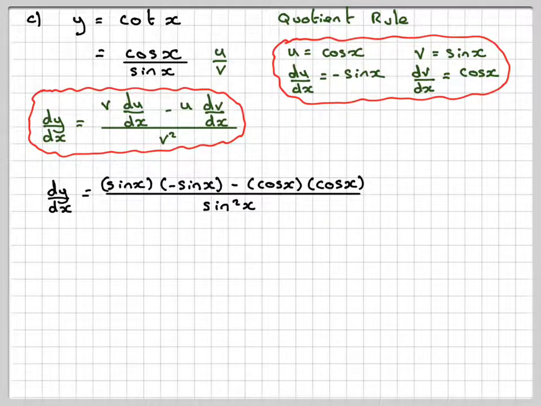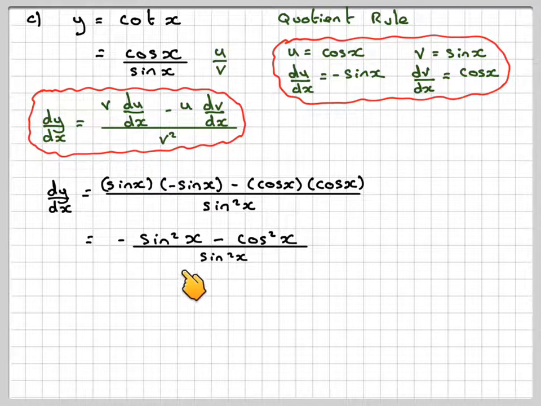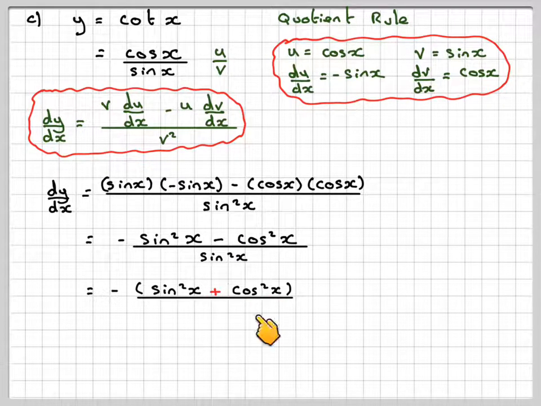So v is sine x, so v squared is sine squared x. Right, so we've got sine x times minus sine x, which gives minus sine squared x, and then minus cos x times cos x, which gives cos squared x, over sine squared x. Now we've got a minus sign and a minus sign here. We can factorize that out, so putting in a bracket, it becomes sine squared x, and then in the bracket that minus will become a plus, because minus times a plus gives us a minus, times cos squared x, over sine squared x.